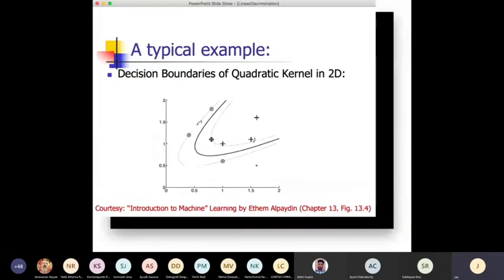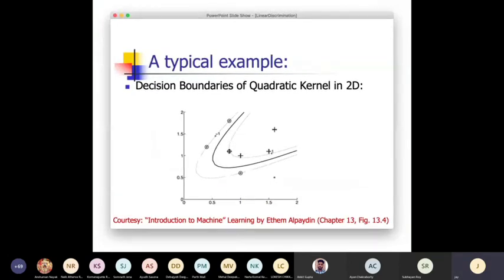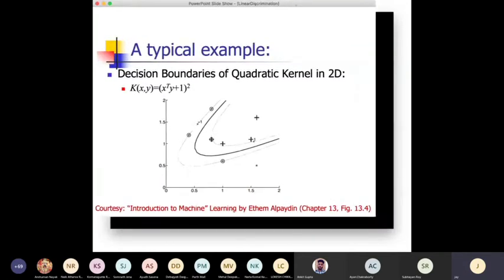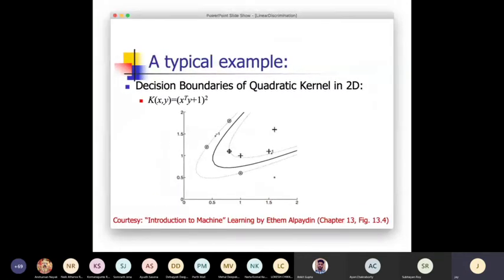One typical example of this solution just gives you the flavor of how the boundaries look when you use this kind of kernel functions. If you use a quadratic kernel, which means this is the kernel function given to two feature vectors, you can compute the kernel value by simply taking their dot product, adding one, then squaring it.